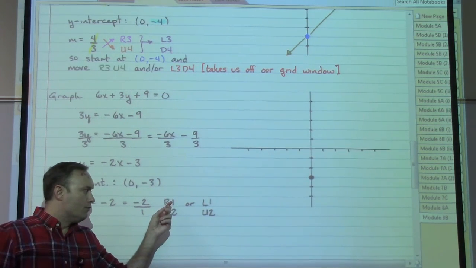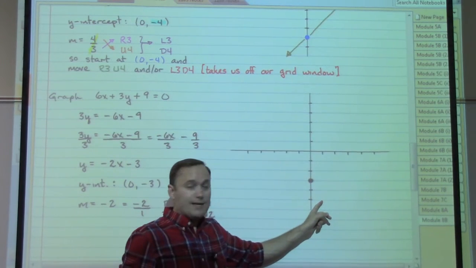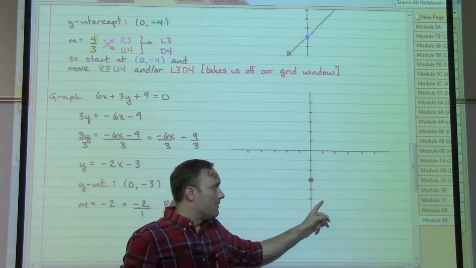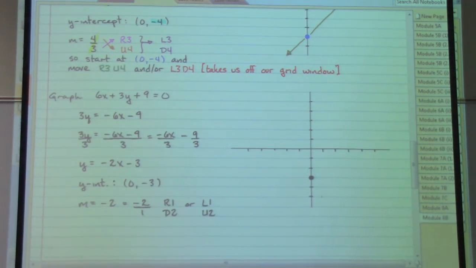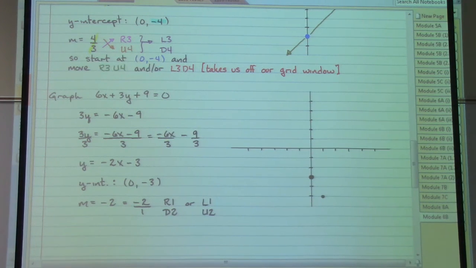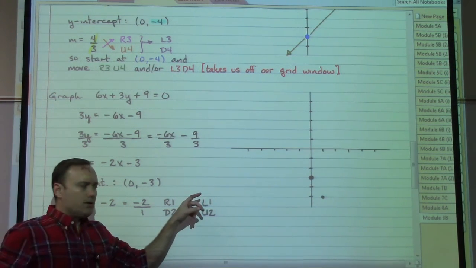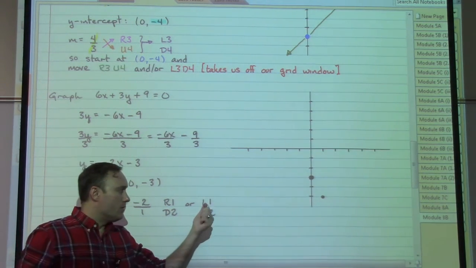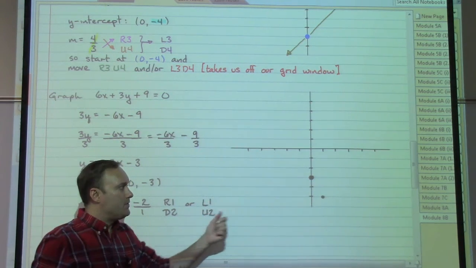So if I can move to the right 1 and down 2, I can. I couldn't move to the right 1 and down 2 again, but I can just barely fit that one in that particular spot. Just to show you the other set of directions working for us, we actually have room to use those if we start at our y-intercept and move to the left 1 and up 2.